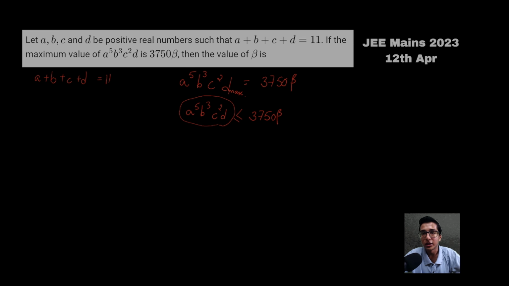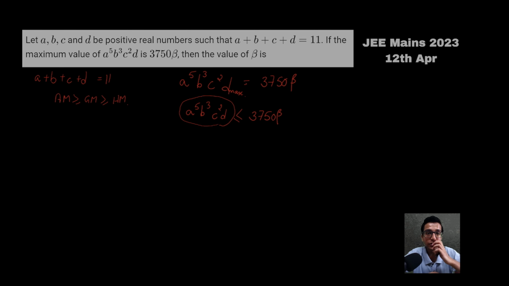Again, the concept that has been used in this question is similar, and this question was also asked in JEE Mains 2023 in one of the shifts. Again, we use the same conditions, which is AM greater than equal to GM greater than equal to HM. Now here, a to the power 5 b cube c square and d has been given.